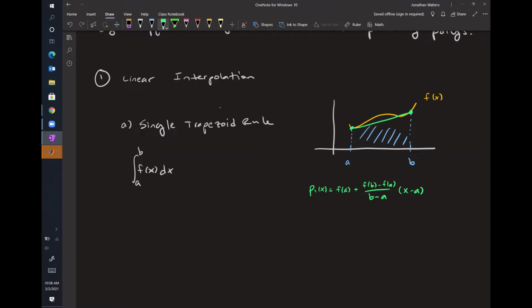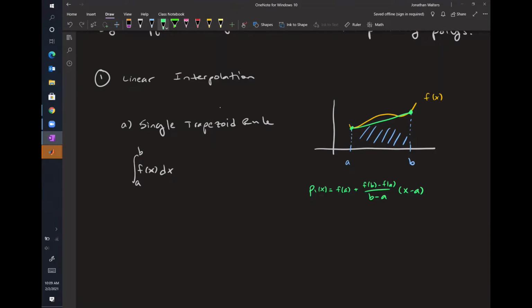We derived this Newton interpolating polynomial last time. I have b1 and b2 right there. I have my first two b values from my Newton's divided differences right there in my linear interpolating polynomial. We talked about all of this stuff on Thursday. So this is my linear interpolating polynomial. This is the line equation that passes through these two points, a comma f of a, b comma f of b.